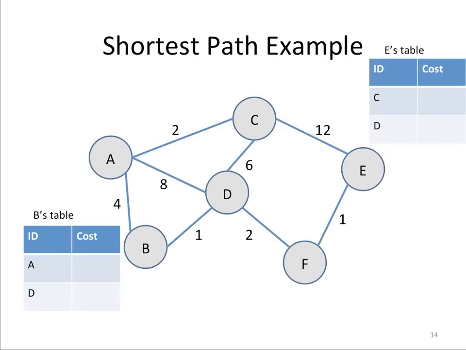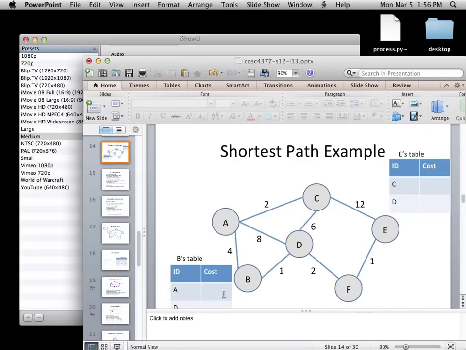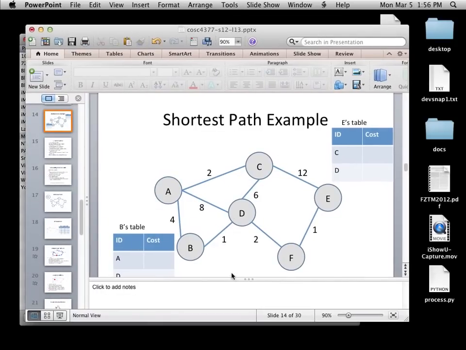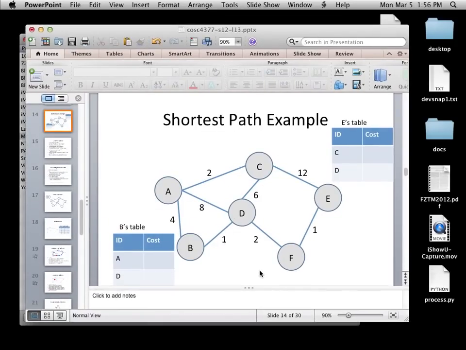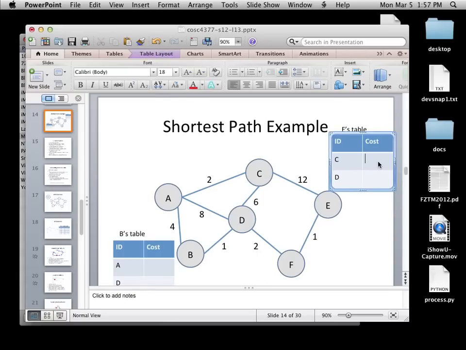So let's focus on E's table. How many entries does E have in its table? Should have 5. It should, but right now it only has 2, right? This is just to make the slide cleaner, just 2 as an example.